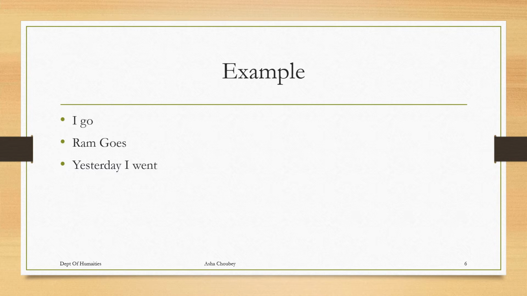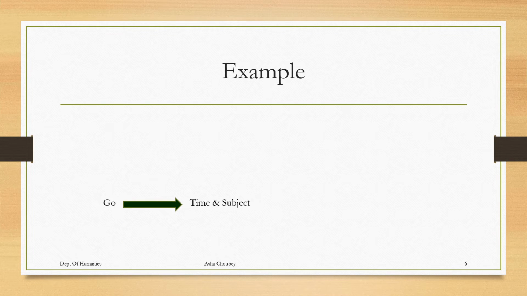The first person takes one form, the third person takes another form, and the past tense takes a very different inflection. So this verb go is limited by time and subject. Now, how can verbs become limitless? Let us see that now.